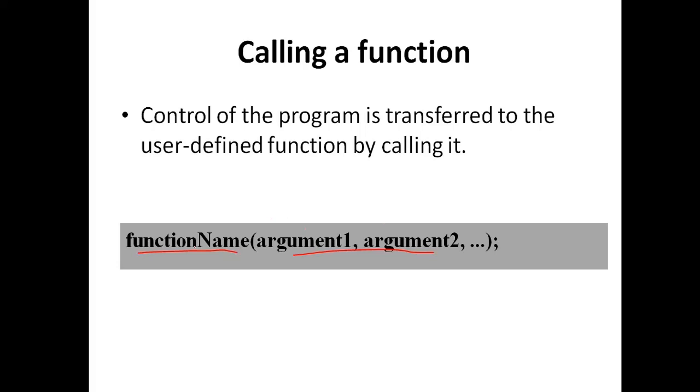I can say the name of the function as add, and in the round brackets I can say a comma b. So calling takes this syntax: writing the name of the function and then giving the arguments, whatever the function is expecting. This was the second element.